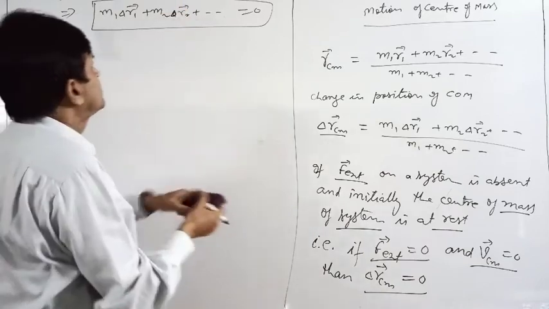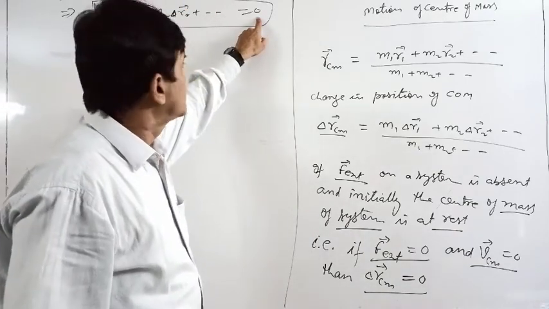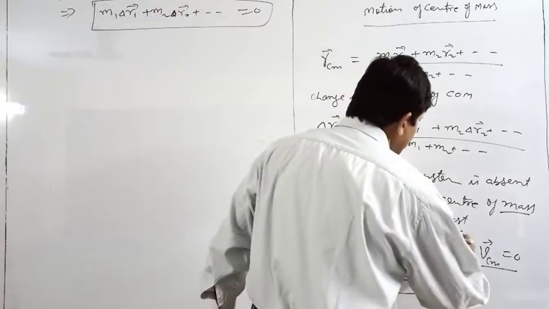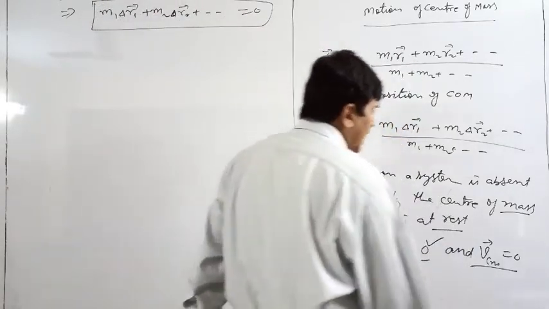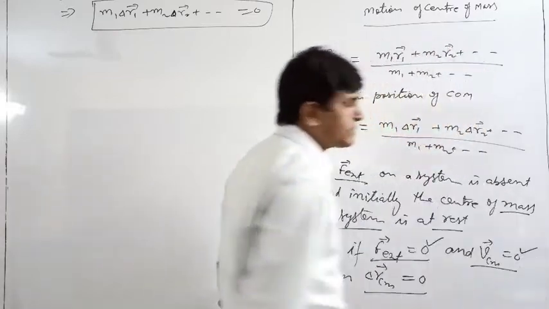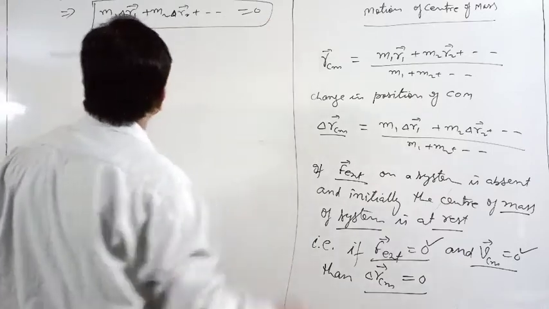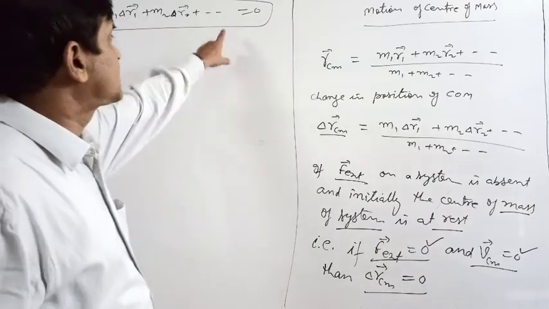This will be always 0. But this will be true only when external force on the system is 0 and center of mass of the system is at rest. A few examples we will discuss on the basis of this first of all.